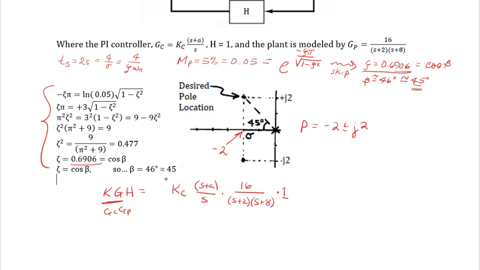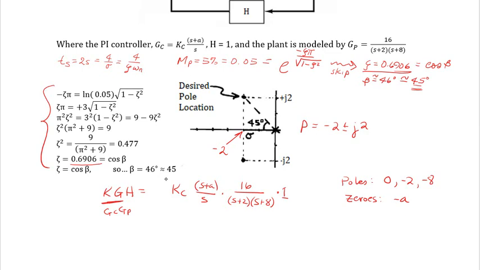So we can see we have poles here at s equals 0, s equals negative 2, and s equals negative 8. And we have zeros at negative a.